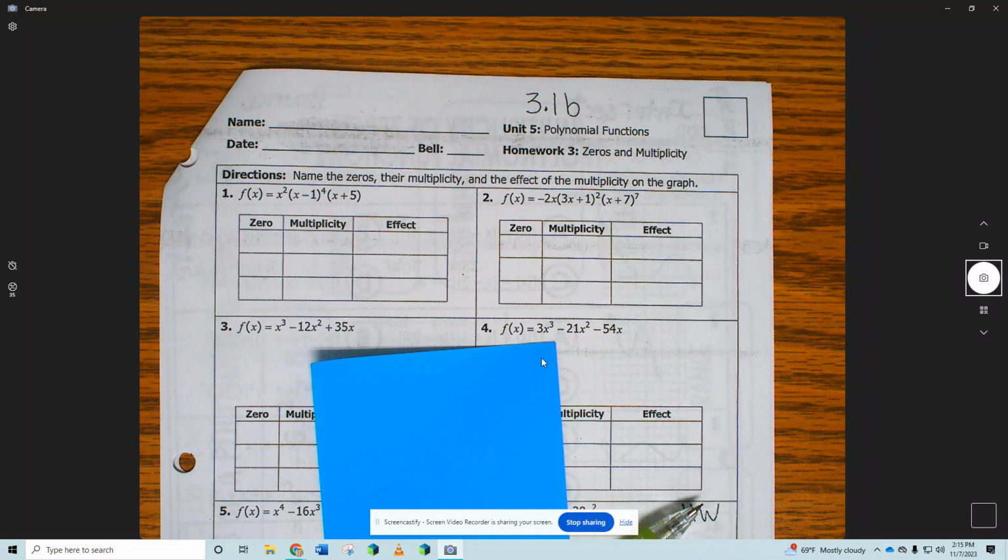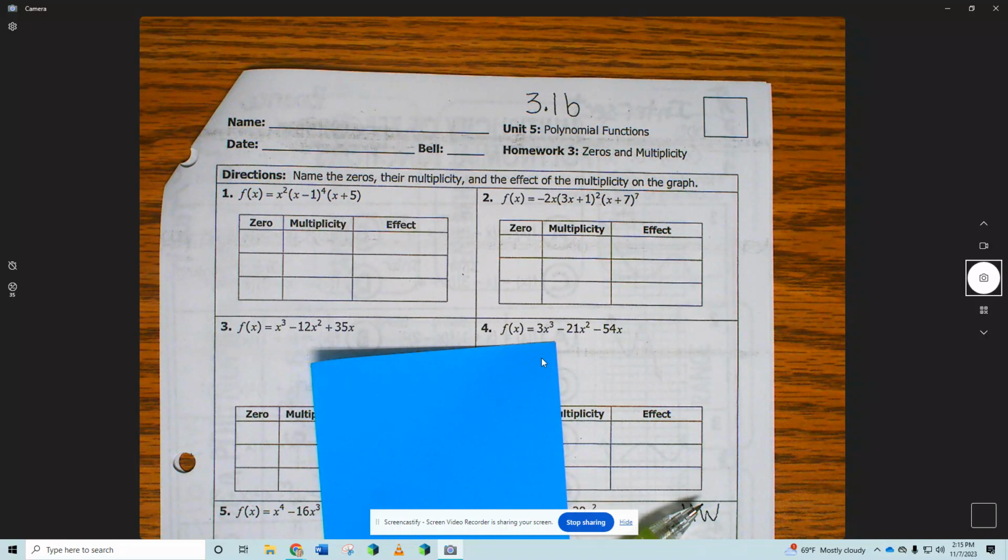No. This is called bouncing. It bounces off of it, or it touches it, but it doesn't cross. An even exponent of 2, of x to the 4th, x to the 6th. Even exponents bounce off. You've known this. I've just never said the word bounce before. You know a parabola bounces.